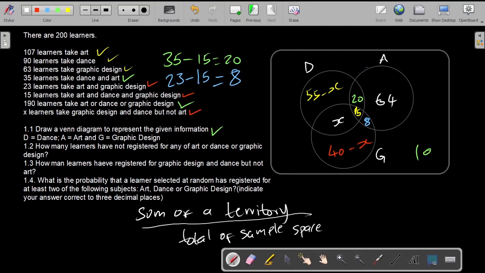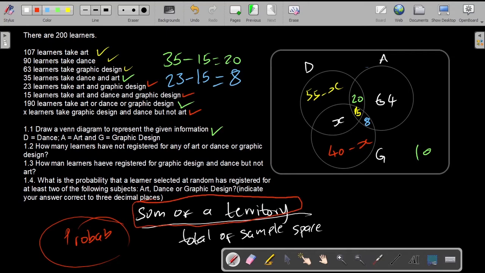If you remember this, now we have to look at the territory that we're talking about. So where are we talking? This is when we're dealing with probability. Now, since we're not dealing with probabilities, we can just take the top number and give it as our answer. But once again, we're looking at a particular section.